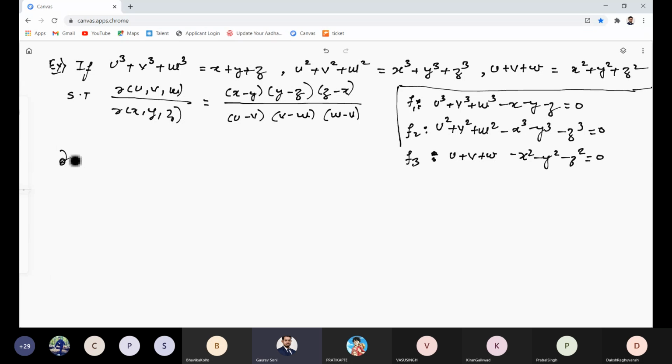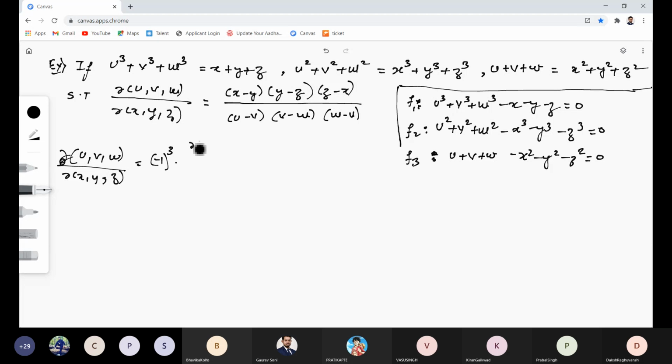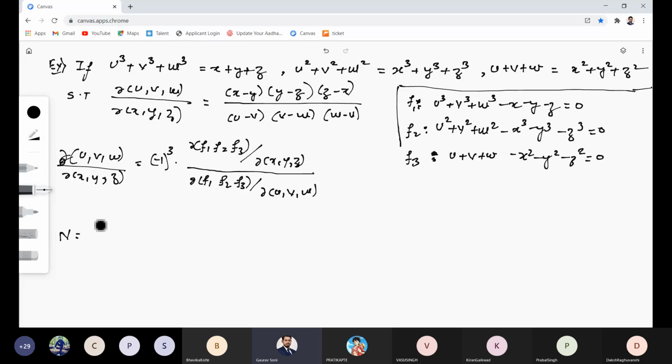So Jacobian of u v w with respect to x y z is equal to minus 1 raised to 3 Jacobian of f1 f2 f3 with respect to x y z upon the Jacobian of f1 f2 f3 with respect to u v w. I won't write down the formula now, I'll directly write down the derivative.